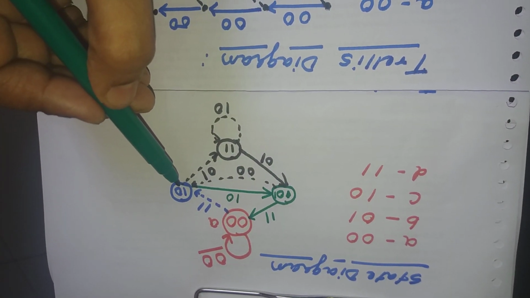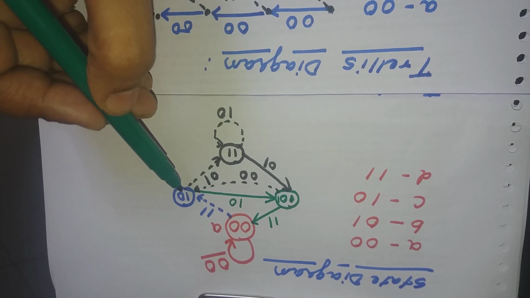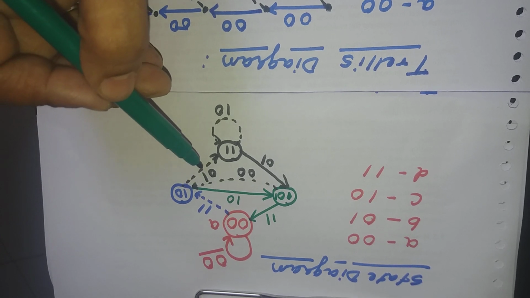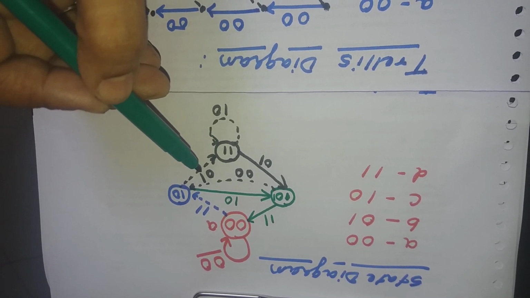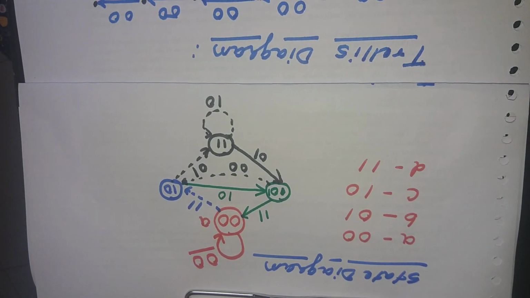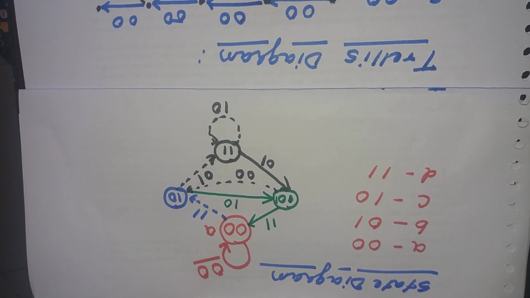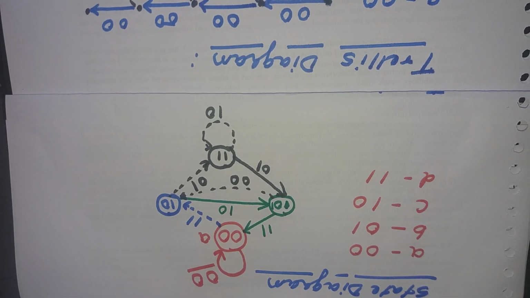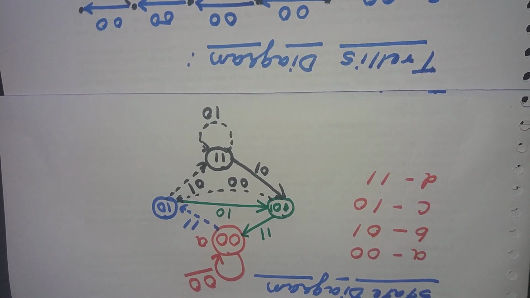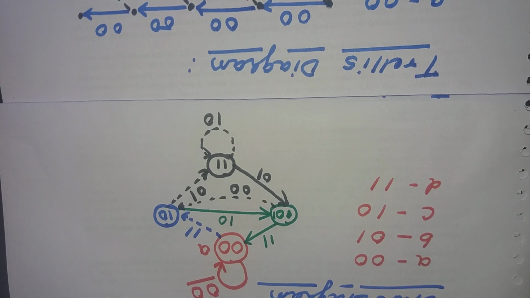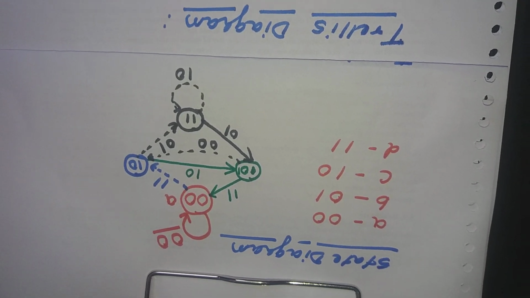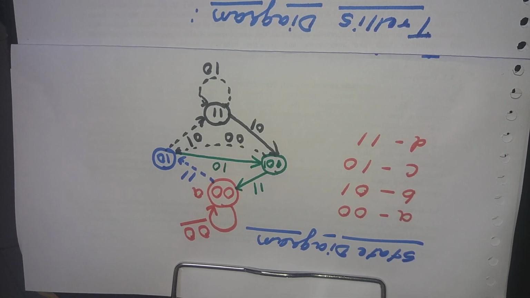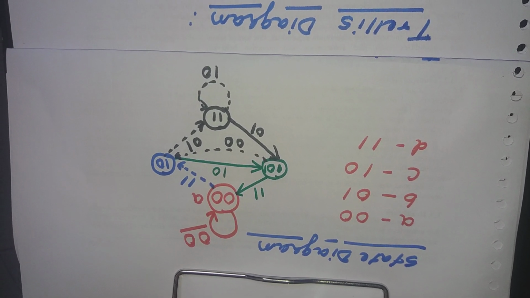Again in state 1 0, if the input is 1, we move from state 1 0 to the next state 1 1, which is indicated by this dashed line, and the output is 0 1. So this is shown on the trellis that from state 1 0, if the input is 1, we move to the next state 1 1, and it is shown by a dashed line. Now as we did for state 0 0, this is repeated for the remaining columns in the trellis.